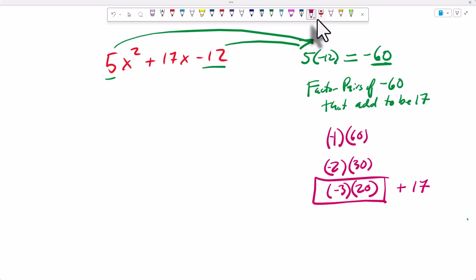Okay. So this is when we're going to write 5x squared. We change the 17x to minus 3x plus 20x. And now we have 4 terms, and we factor by grouping.